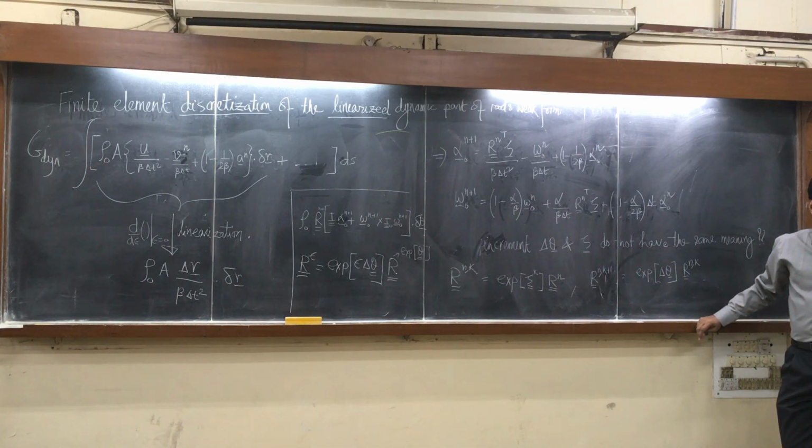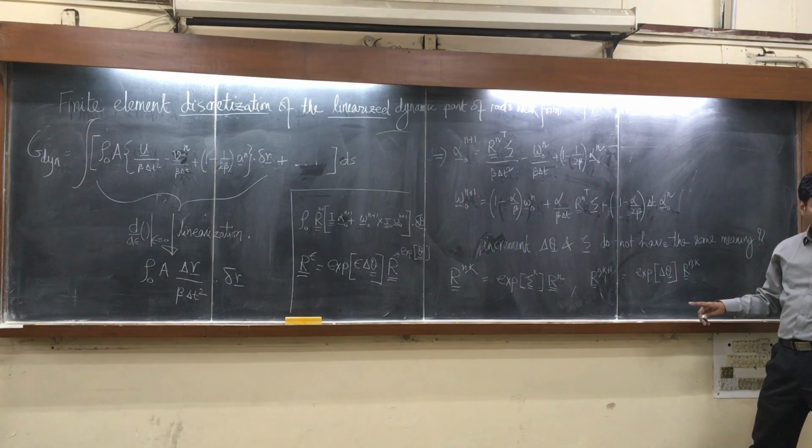I hope you guys are getting this. So how are theta and delta theta related? Can we directly sum them? Yeah, that's a good question, and that's something we'll figure out. But before that, we have to realize whether they are different or not. Have you guys understood that they are different?